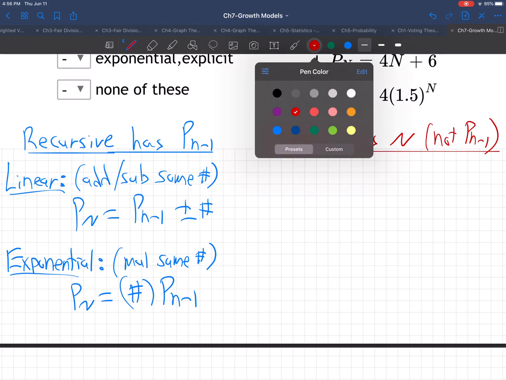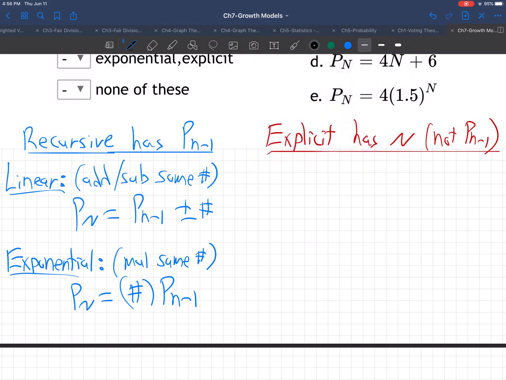So let me make this more clear by saying the n minus 1 is the previous term. But I write it right there. Previous term. Same thing here. Previous term. So remember what p sub n minus 1 is.